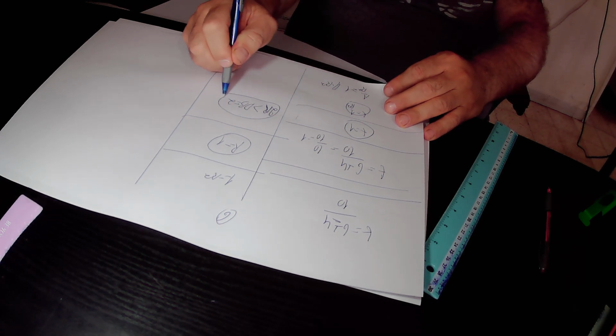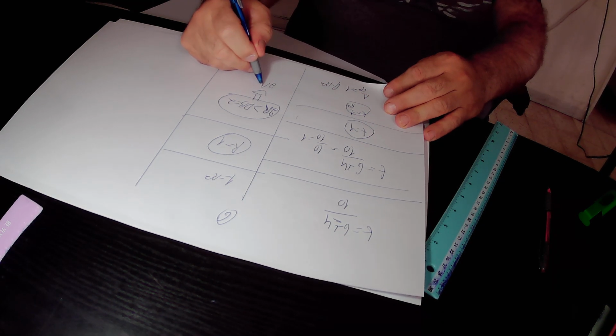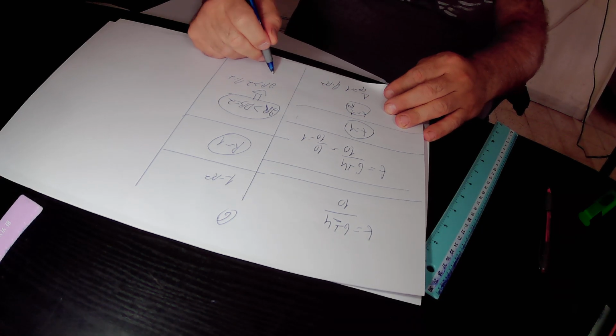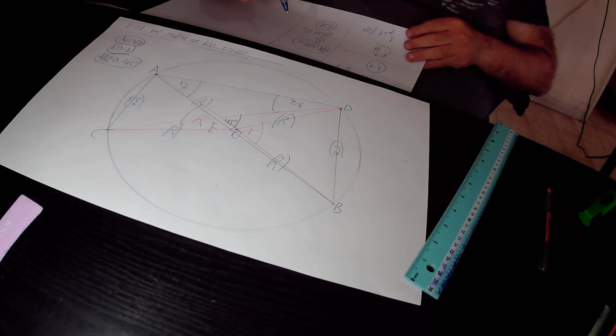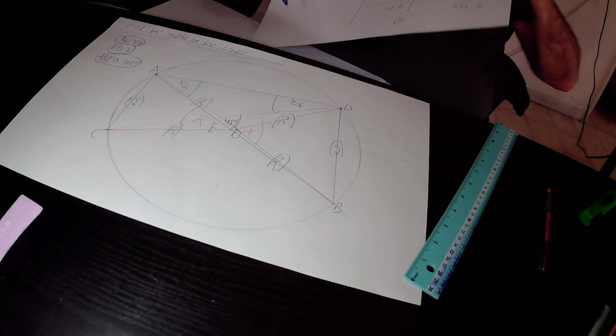So from this inequality we derive that 2r is greater than 2. We divide this inequality by 2 and get that r is greater than 1. So the radius r of this circle is greater than 1 unit.